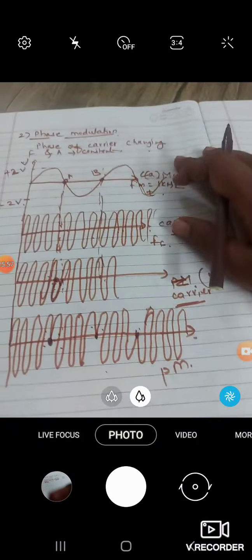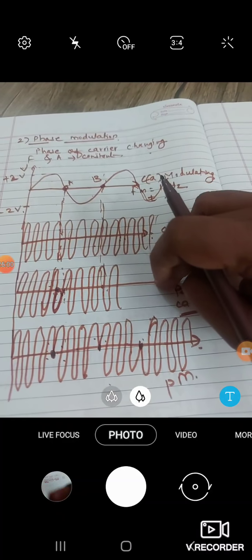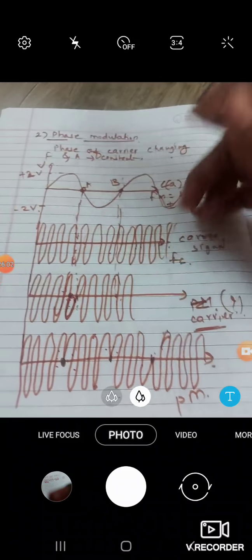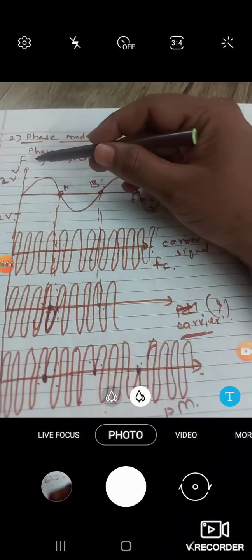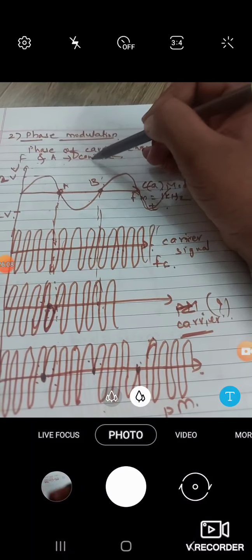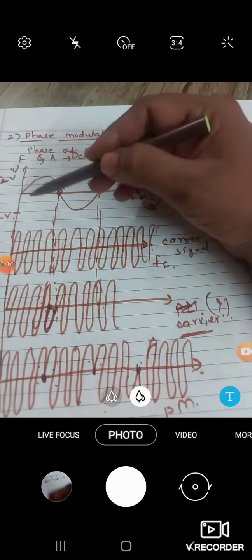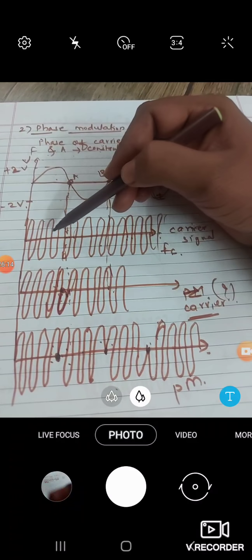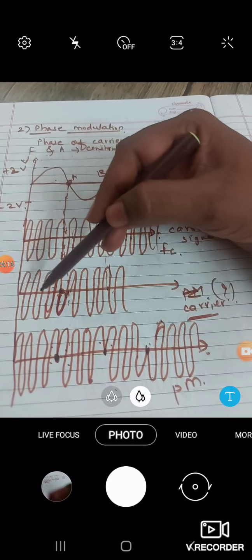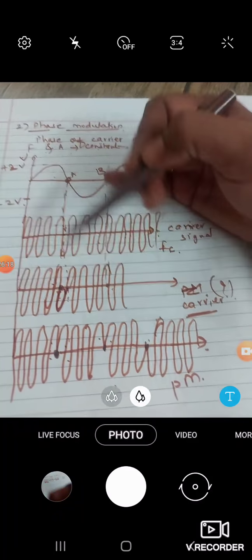Then the next concept we have seen is phase modulation. So what happens in phase modulation? The phase of the carrier is changing, whereas the frequency and amplitude of the carrier remain constant. So what is shown here? Modulating signal, carrier signal. Without any modulation, in this way the carrier is transmitting.